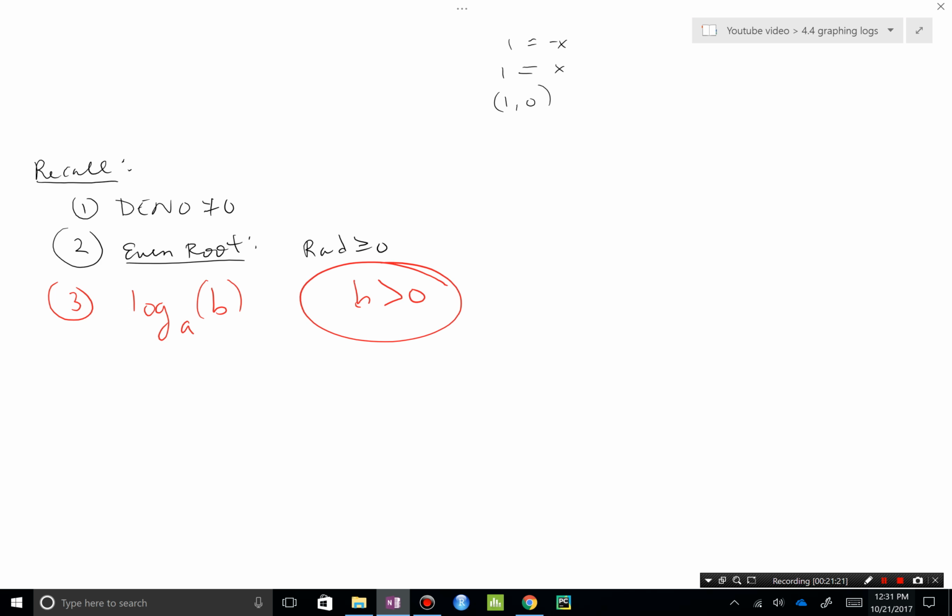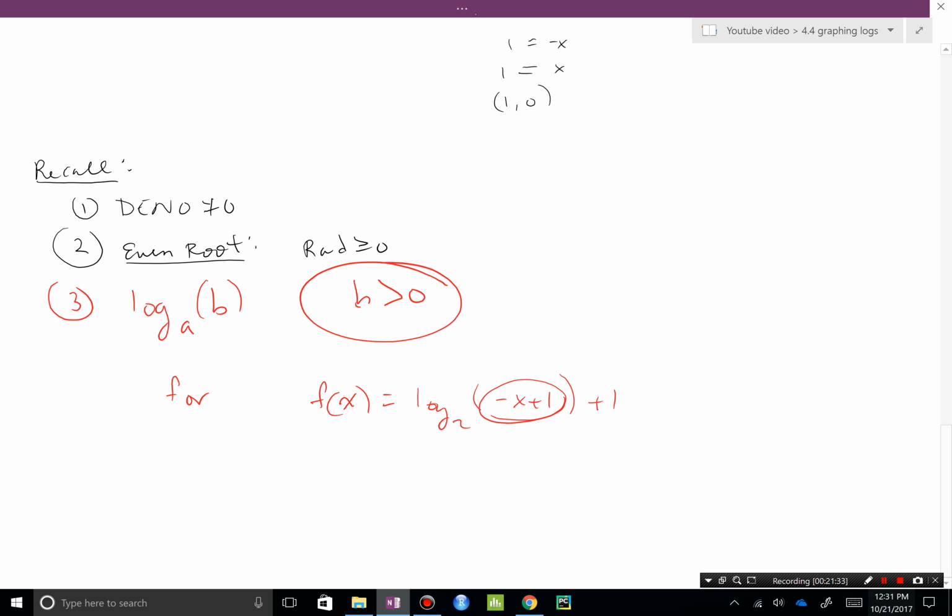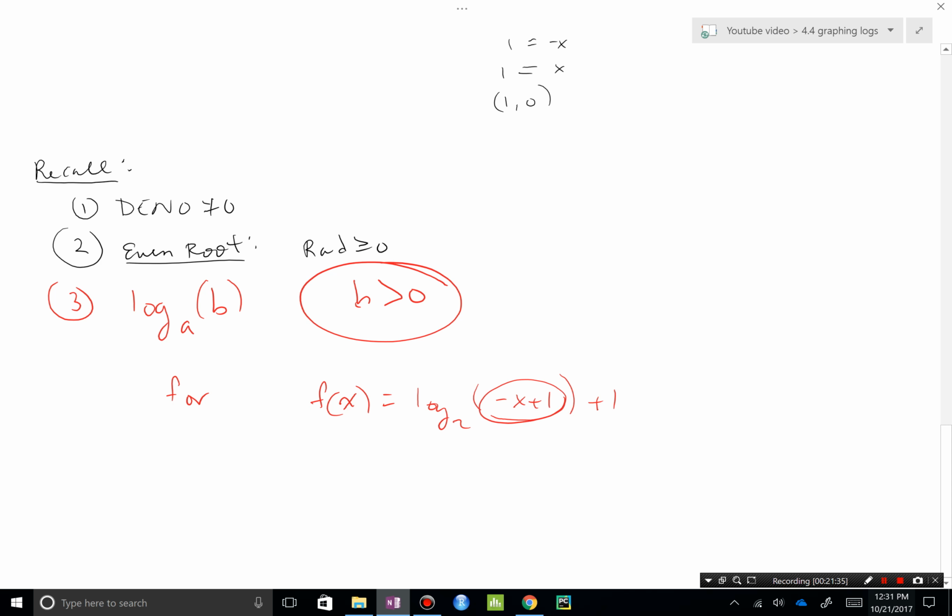So for our previous example, f of x equals log base 2 of negative x plus 1, this is the green light: negative x plus 1 must be strictly greater than 0. So x, solving for our domain, must be less than 1.